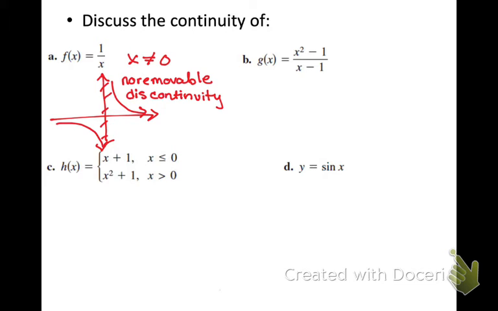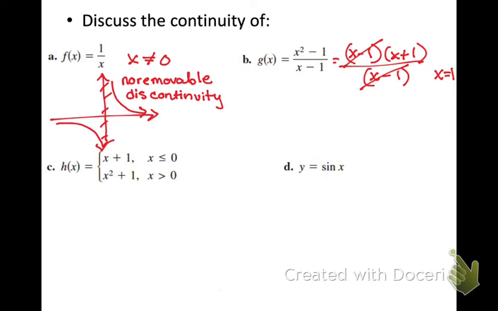Okay, so let's look at B. I would hope you would immediately factor, yes? So I know that x can't equal 1, don't I? But what happens to that x minus 1 and that x minus 1? Do I remove them from the situation? Yes.